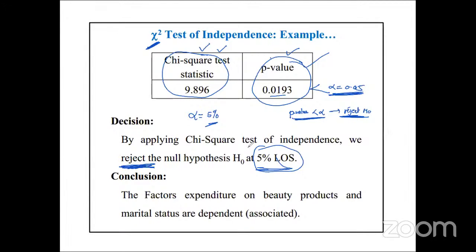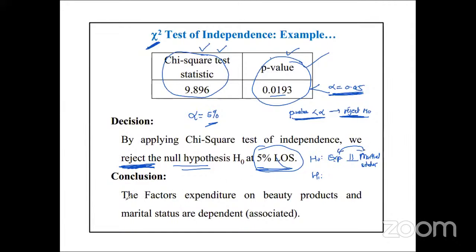Reject H0. What was your H0? H0 was that expenditure is independent of marital status. So what is your alternative hypothesis? That expenditure and marital status are associated.